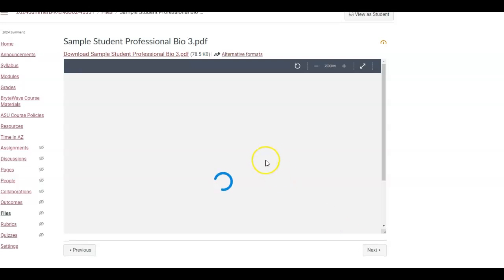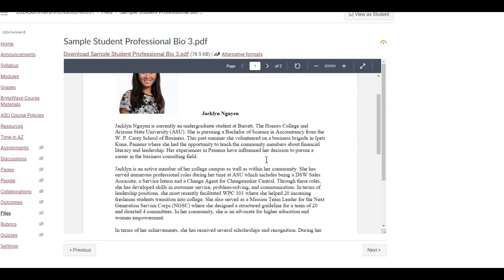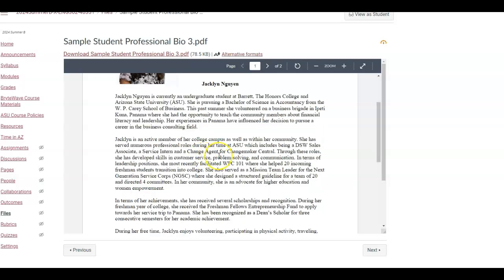Let's look a little closer at this one. There's the opening paragraph that introduces the individual and what their current situation is. Then they get into the argument, the skills and the evidence of those skills that they're going to bring to the table. So Jacqueline is an active member of her college campus as well as her community. Okay, that's a claim.